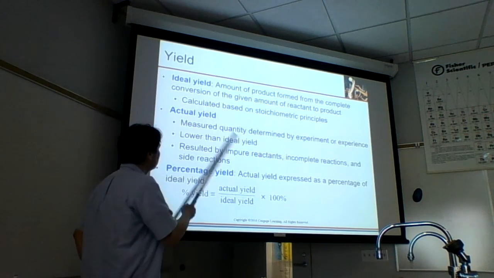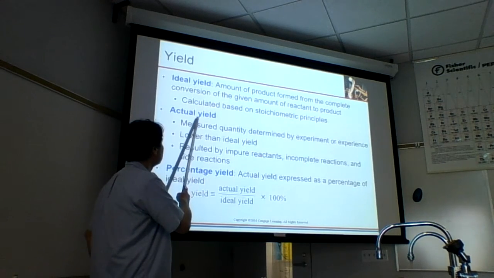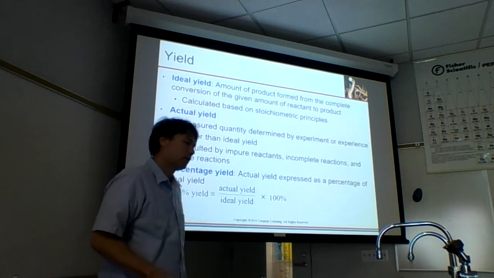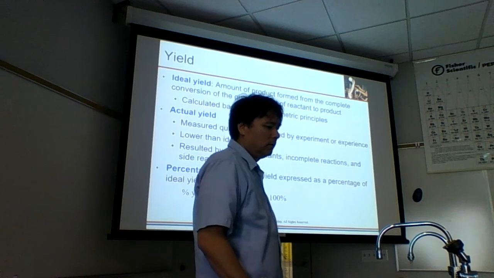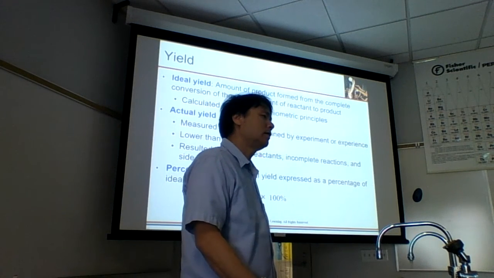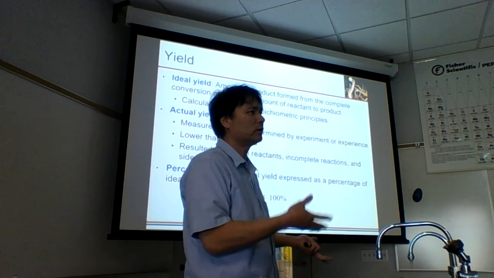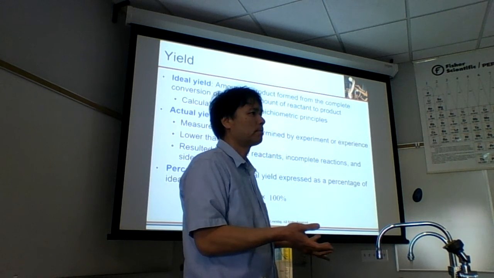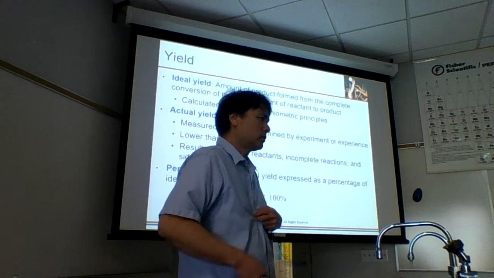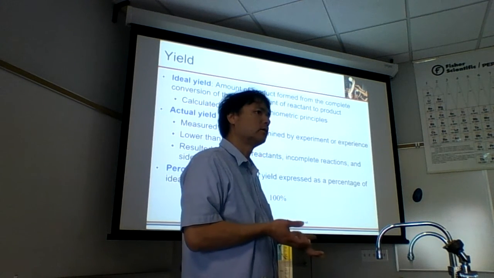All right, there's two other yields that you have to keep in mind. There's something called the actual yield. And so the way I think about actual yield is, let's say you have enough ingredients. In theory, you have enough ingredients to make 100 cookies. And so there should be nothing stopping you from making 100 cookies.